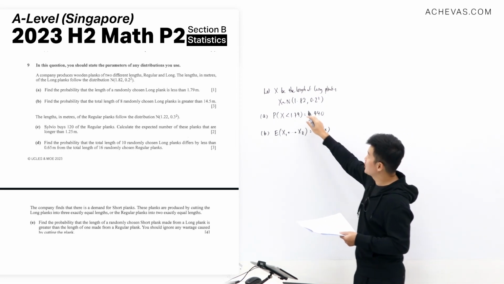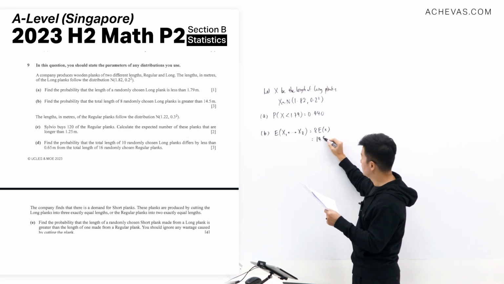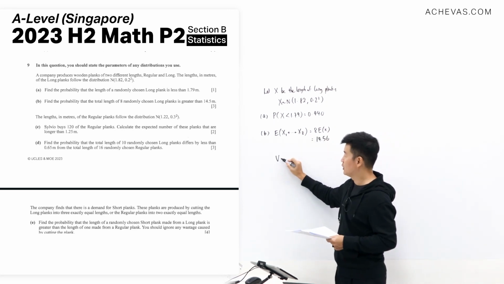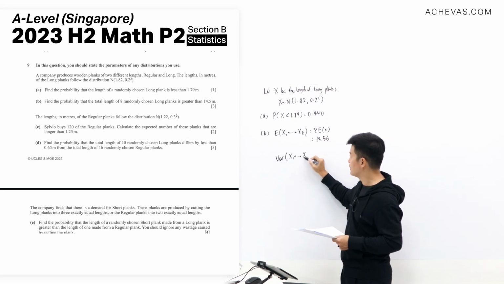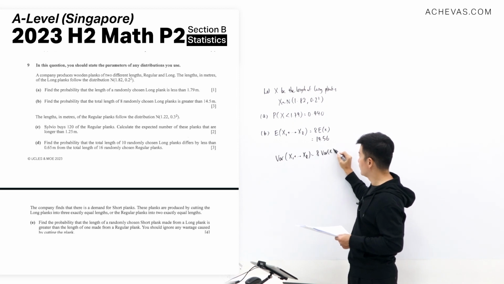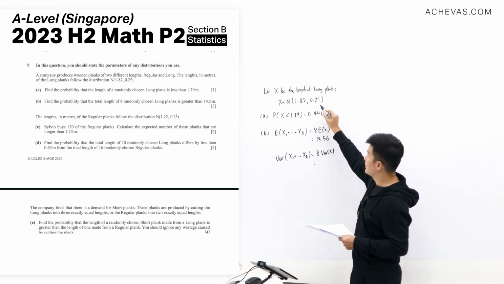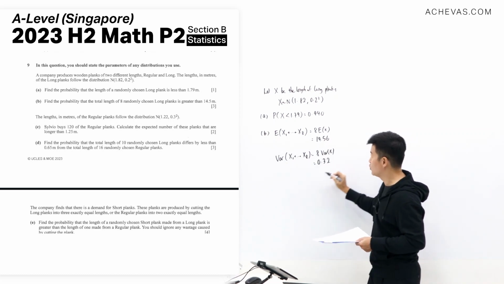So it's going to be 8 times 1.82. This is equal to 14.56. And we also want to find the variance of x1 plus x2 all the way until x8. This is going to be 8 times the variance of x. So it will be 8 times 0.2 square. This is equal to 0.32.